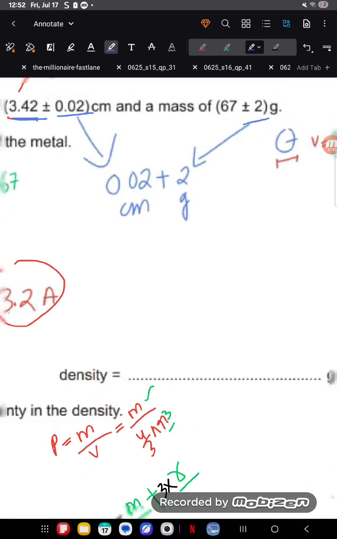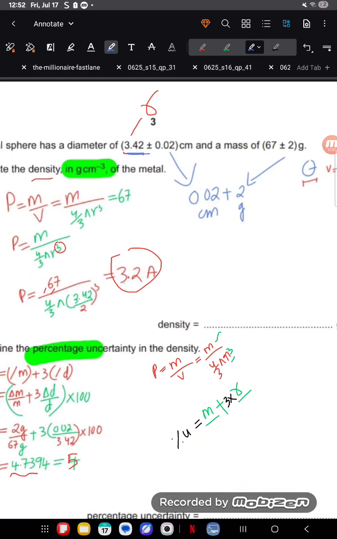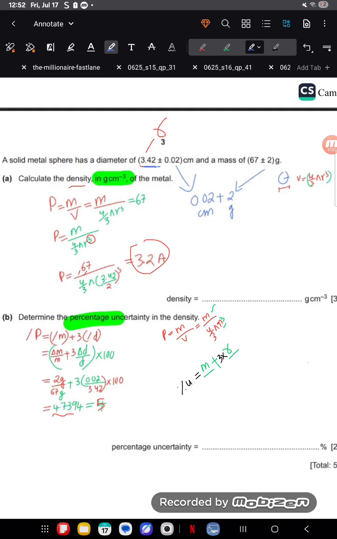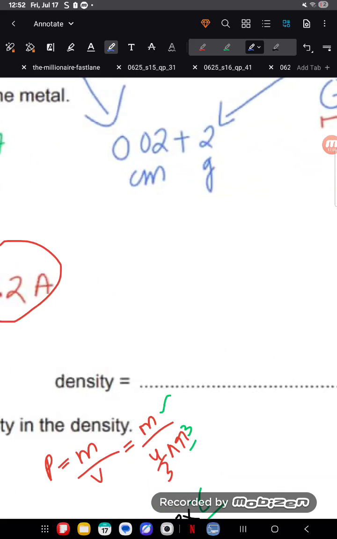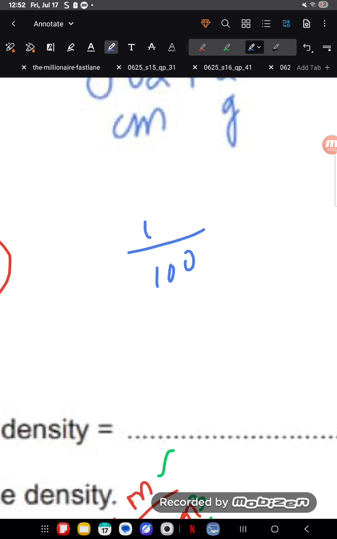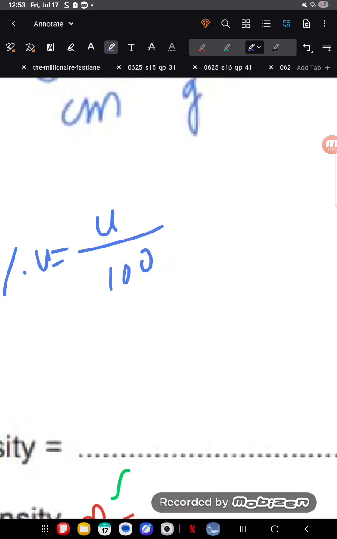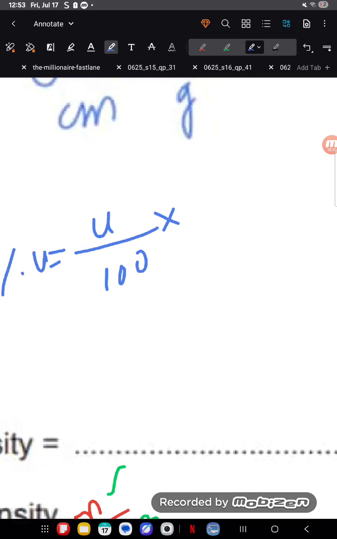So percentage, first what you will find, and that is very easy, right? You divide with 100, you write the uncertainty. Not percentage, you are finding percentage uncertainty, and you multiply with what? Actual value.